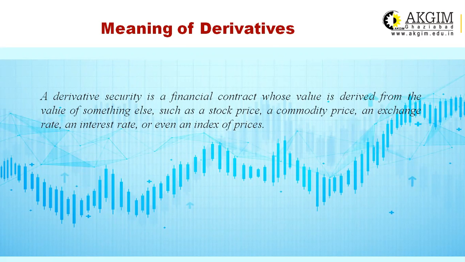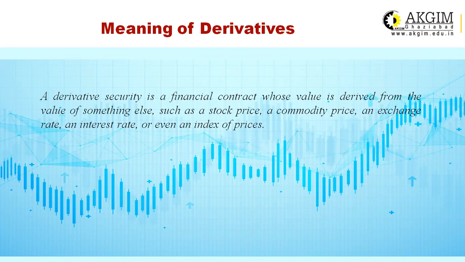For example, a stock option's value depends upon the value of the stock on which the option is written. Similarly, the value of treasury bill futures contracts or foreign currency forward contracts will depend upon the price or the value of the underlying assets such as the treasury bills or a foreign currency.